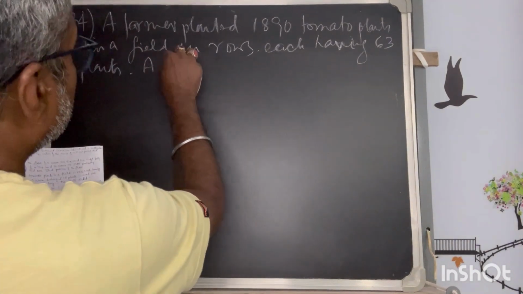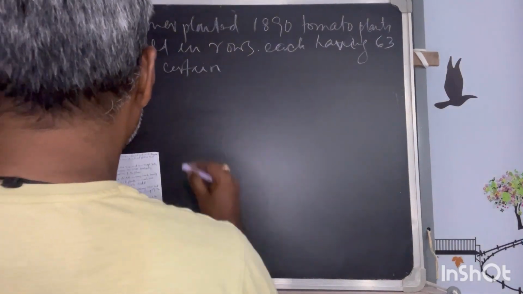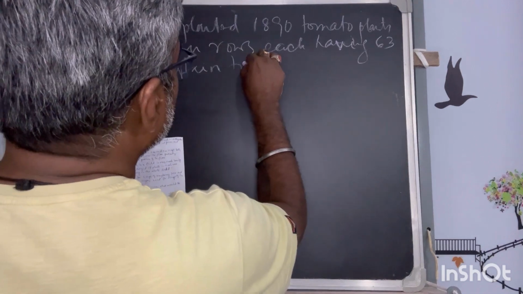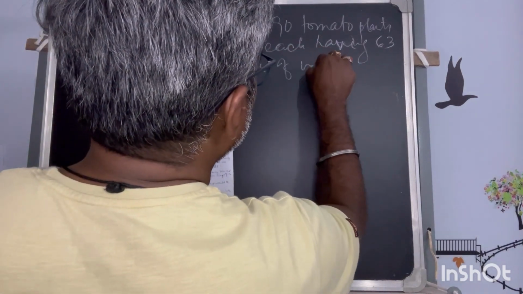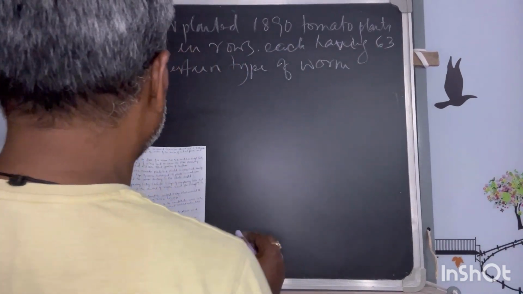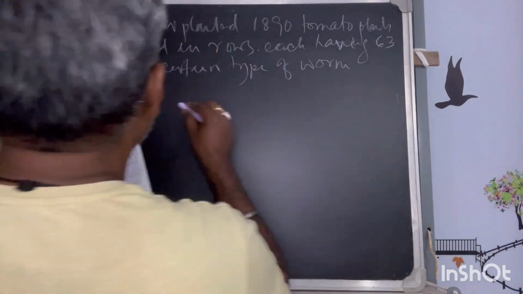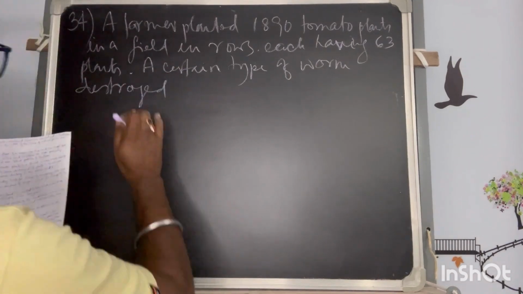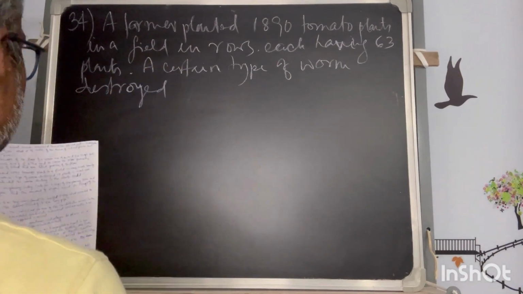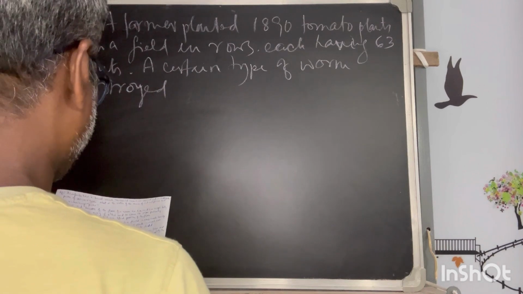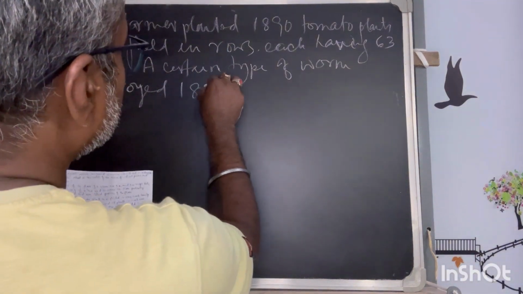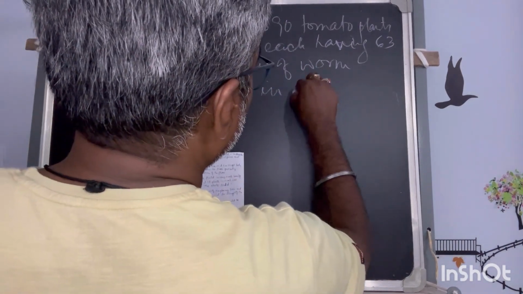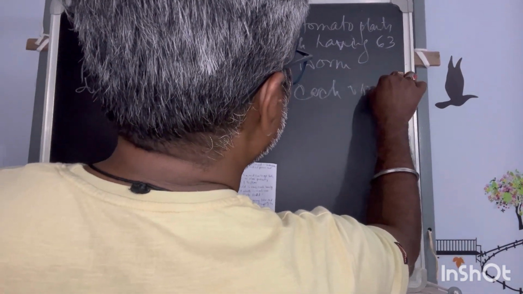A certain type of worm destroyed 18 plants in each row.